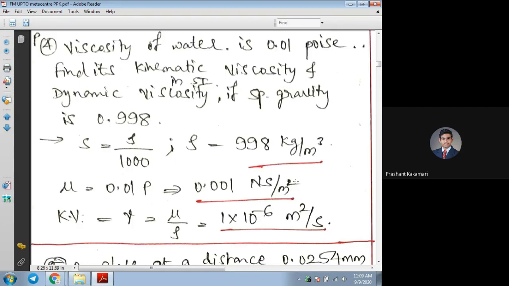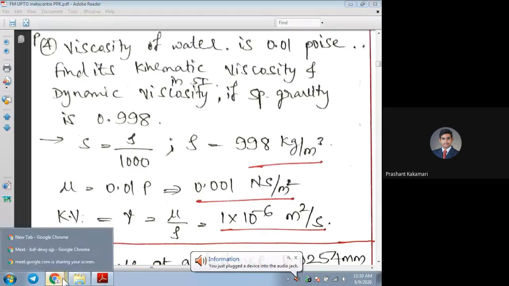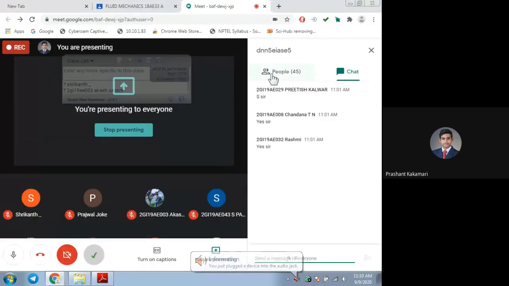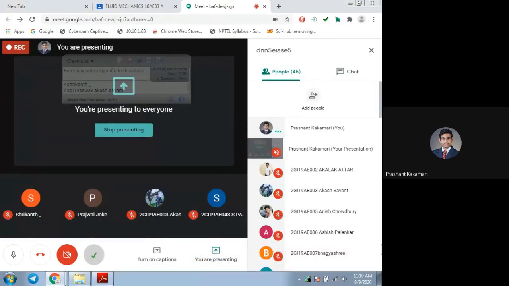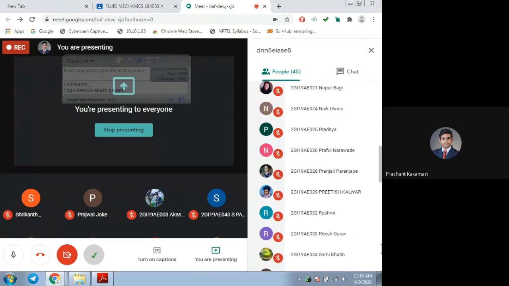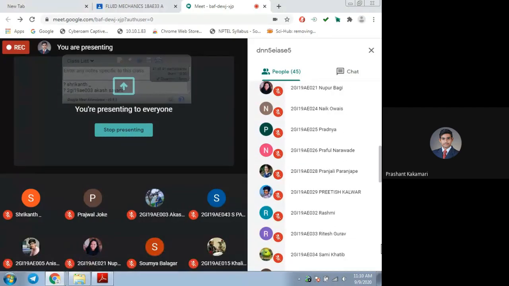And 998, what do you have to do? It is in kg per meter cube. You have to convert it. So one of you can tell me how to convert it. Rashmi? Yes, sir, my voice is clear.